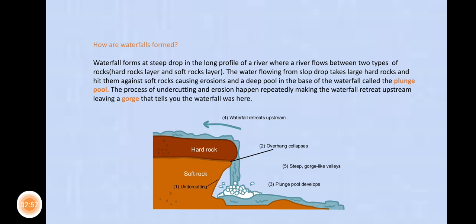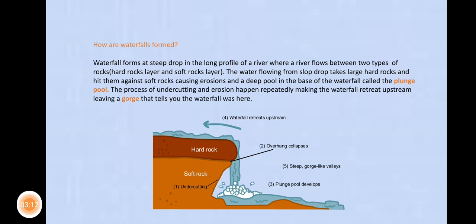So the water hits the hard rocks against the softer ones, causing them to be eroded and transported, and this leaves a deep hole at the base of the waterfall we call the plunge pool.